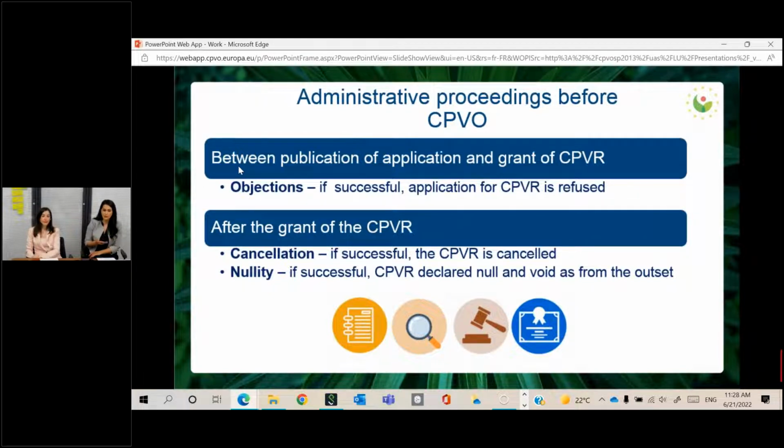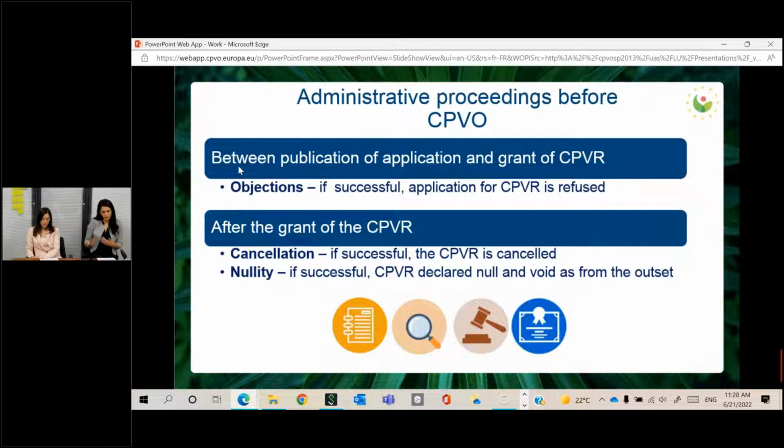So we got it wrong. We didn't have enough information, or it was not uniform. It was not stable at the time of application, or the entitlement was never right. And this is why, when a nullity petition is successful, the decision on the annulment or the declaration of the right null and void has an effect as of the outset, so as if the right was never granted.